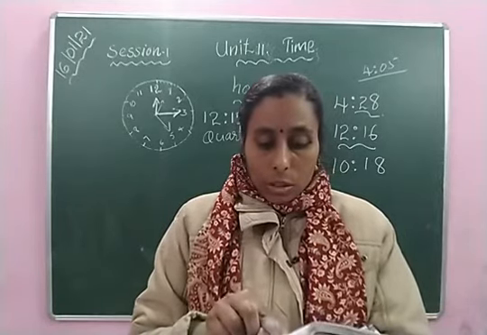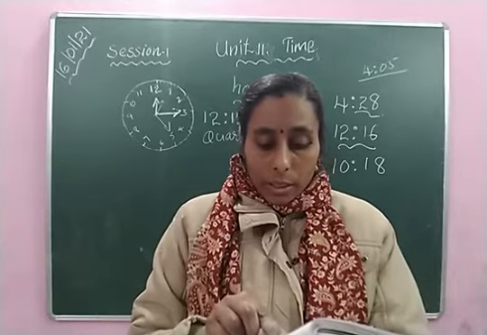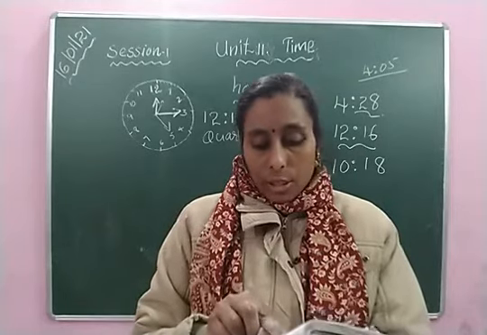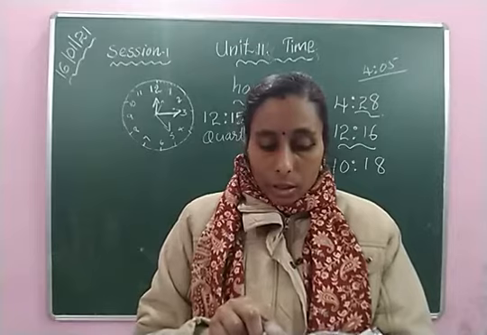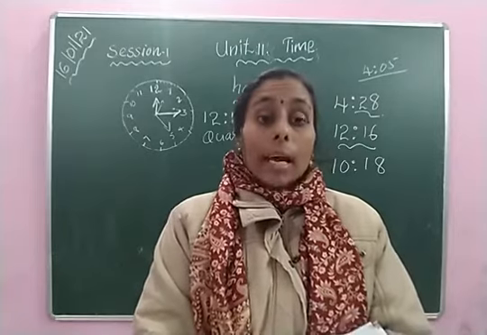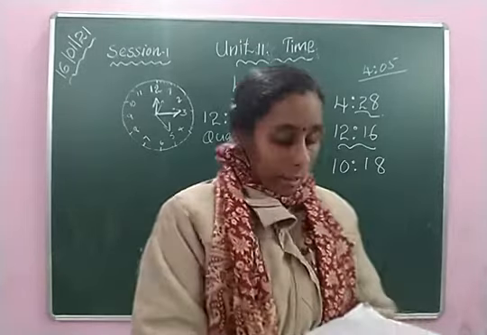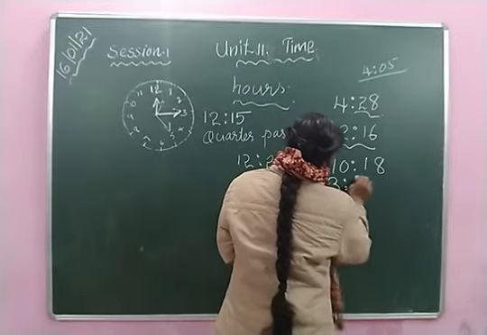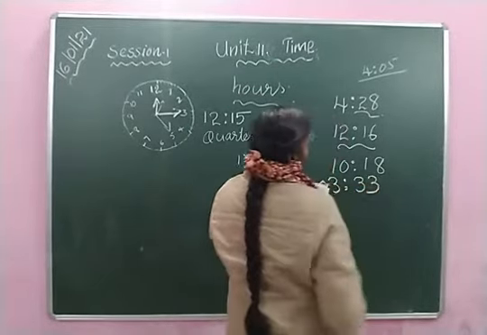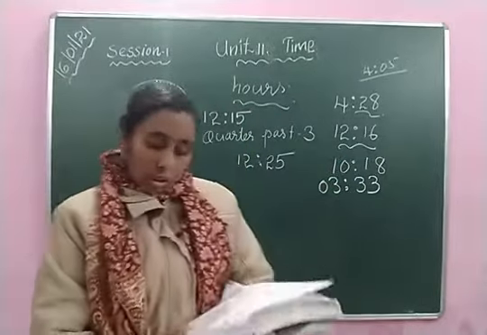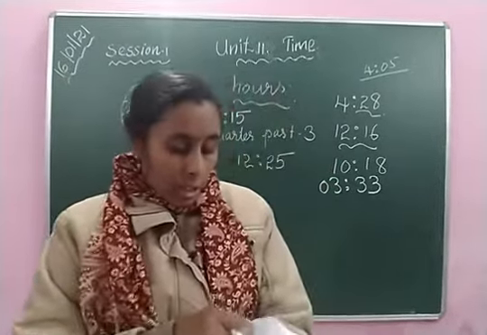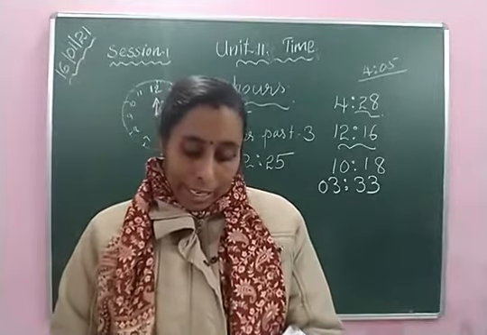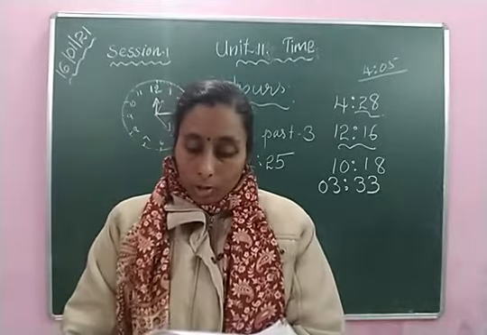So it is 30, 31, 32, 33. What is the time? 3:33, or 33 minutes past 3. We can write it like that.